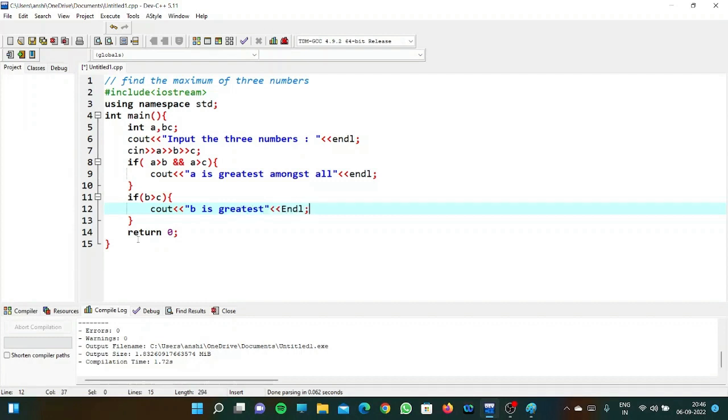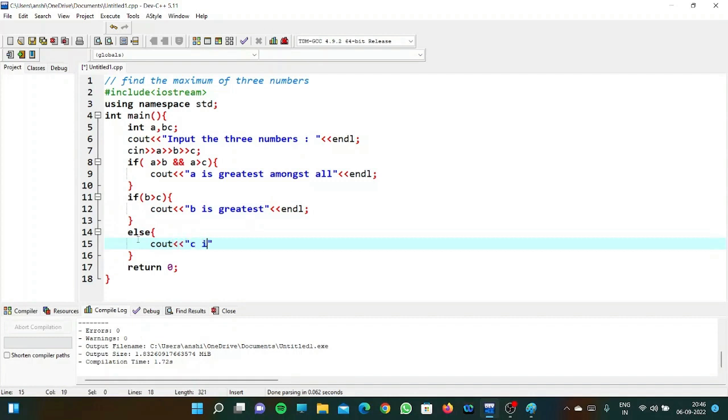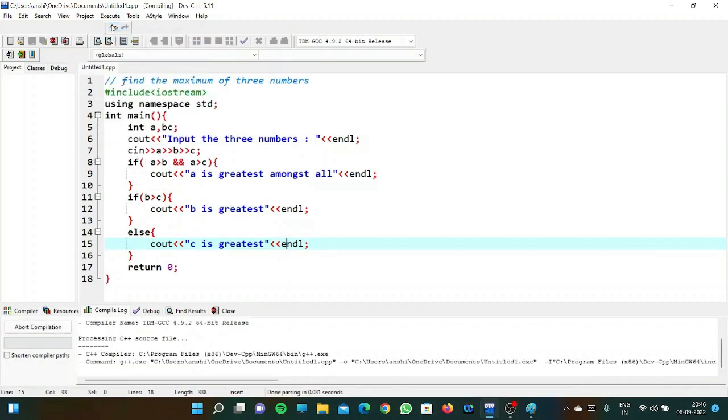Now only C is left, so there is no need to put a condition. Just write else cout C is greatest. Right? Now I just hope this executes.